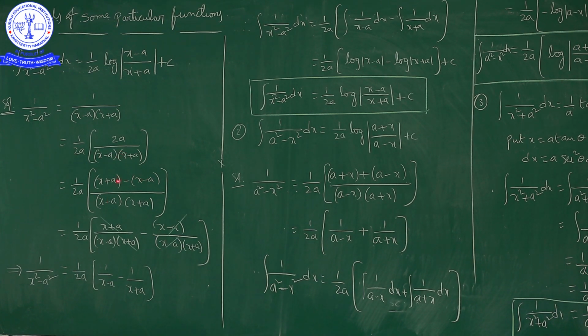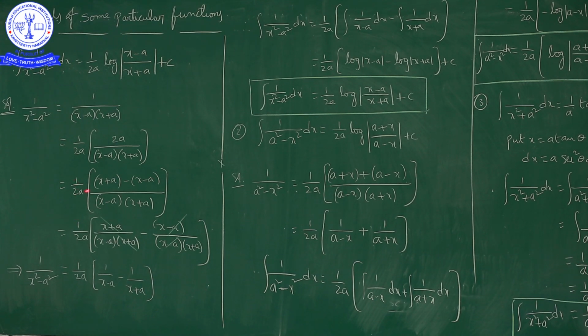So we are writing the numerator 1 as a difference of the denominator terms, x plus a minus of x minus a. The numerator is 2a, so to write it as 1, we divide with 2a.